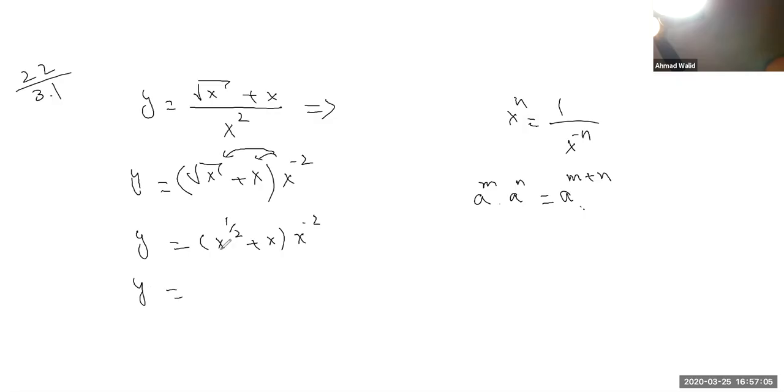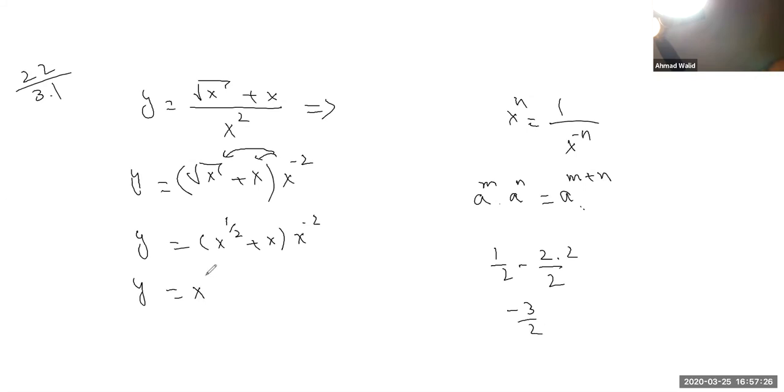Then y equals, I have x here, I have x here. 1/2 plus negative 2 means 1/2 minus 2. What is 1/2 minus 2? I need a common denominator, times 2 times 2. 1 minus 4 gives me negative 3 over 2.